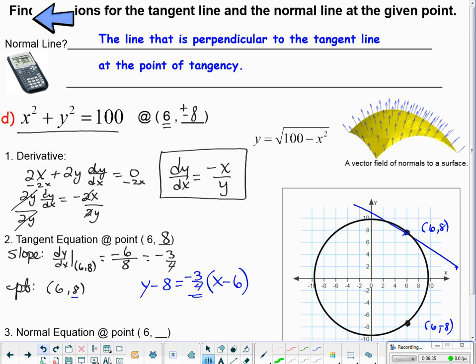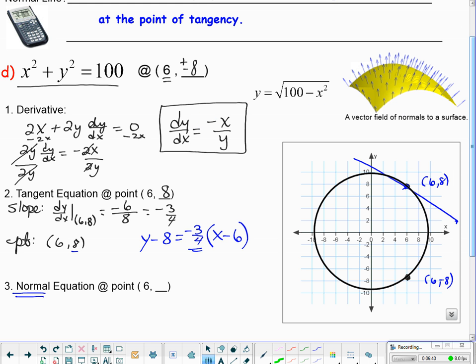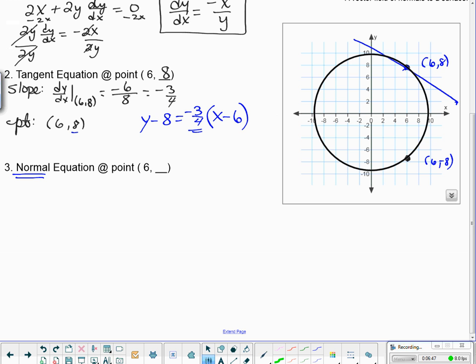Now, what we were after was the normal line, weren't we? How do we get a normal equation? Well, normal runs perpendicular to the tangent line. So I need my normal line slope to be perpendicular to the tangent line slope.